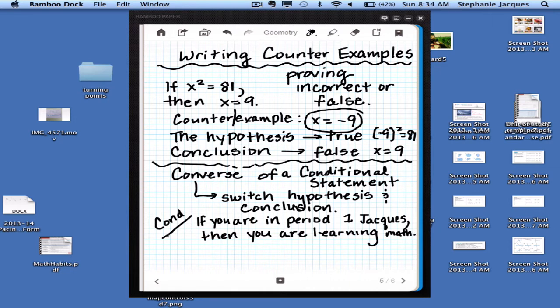So this statement's true. Period 1, we learn math in here. Let's do the converse of that statement.